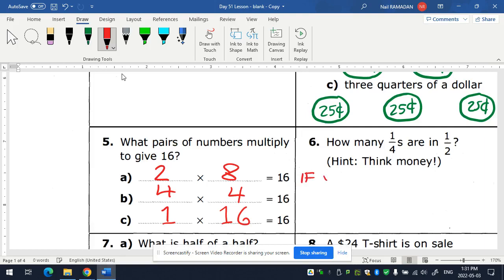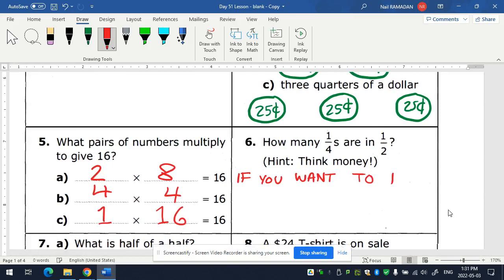If you want to pay 50 cents, actually, no, the answer is two.